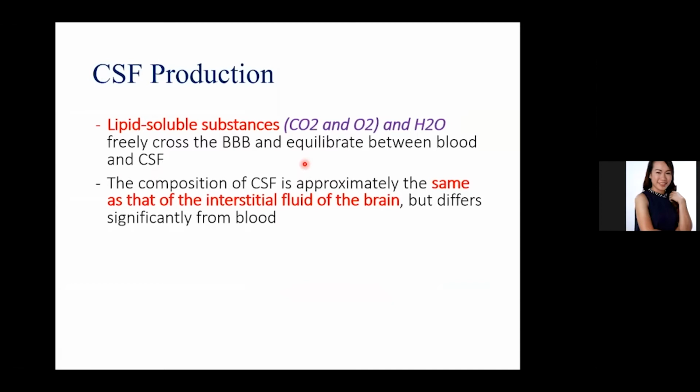How are they transported if they cannot pass through the blood-brain barrier? So these other substances are transported by carriers in the choroid plexus epithelium. Now, take note, the composition of the cerebrospinal fluid is approximately the same as that of the interstitial fluid of the brain, but it differs significantly from blood.